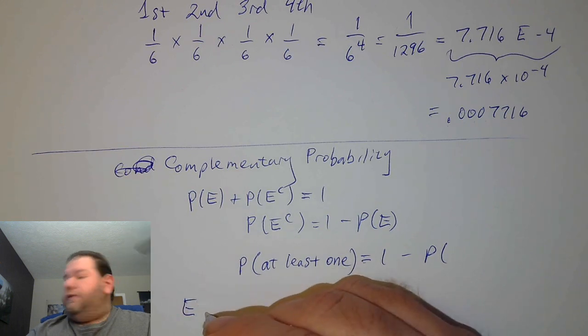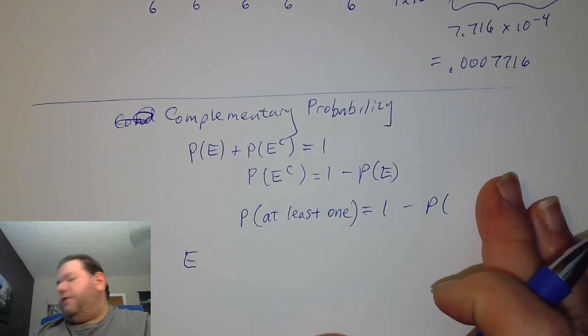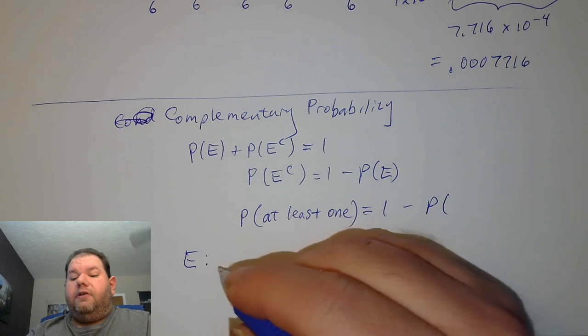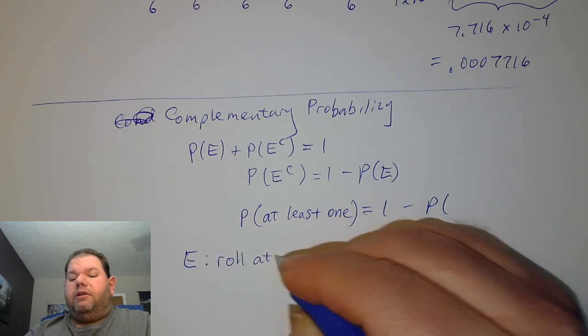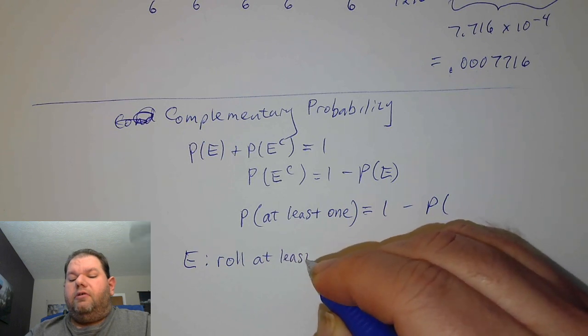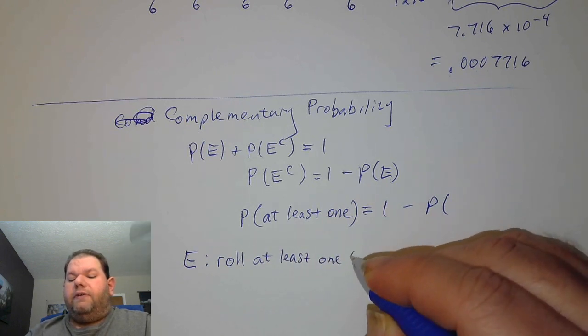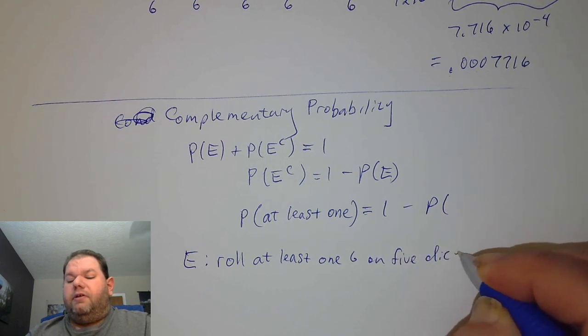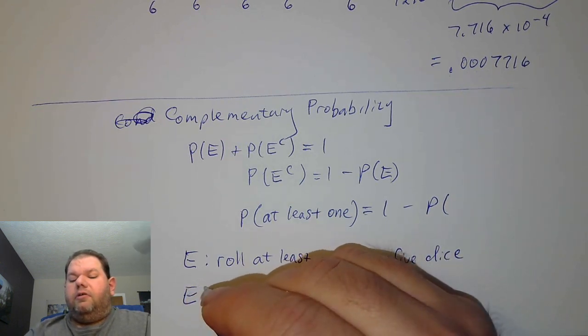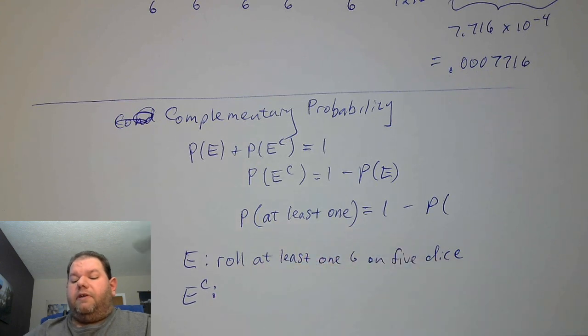So if our event, let me clarify a little bit, if our event is roll at least 1 six on 5 dice, what would be the complement of that event?